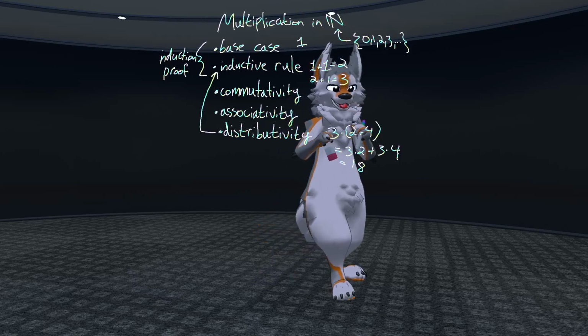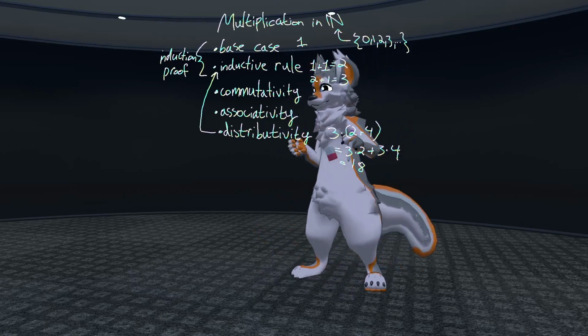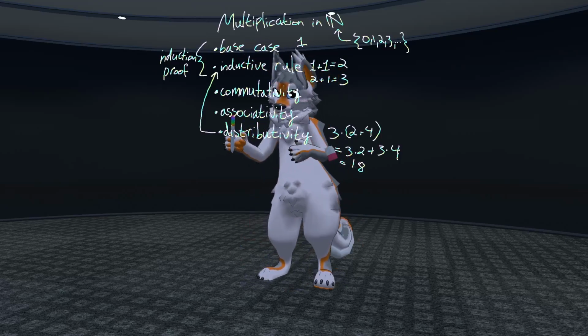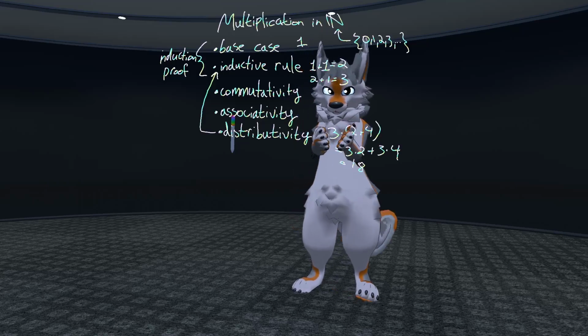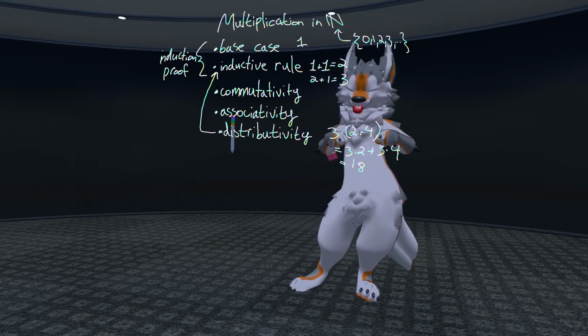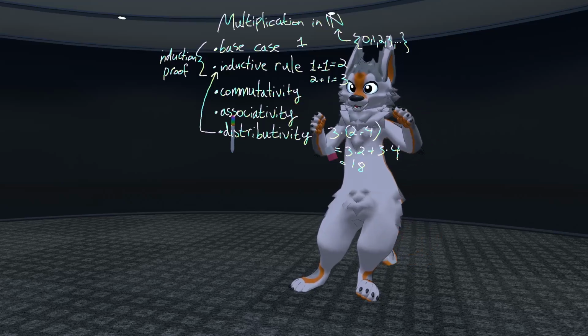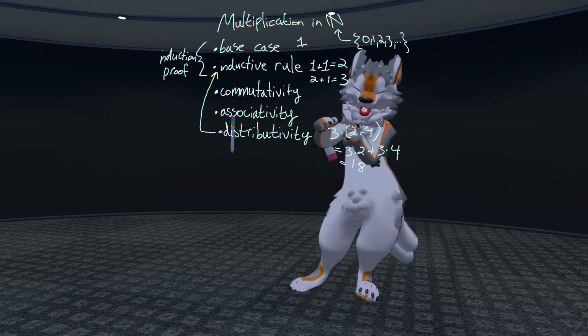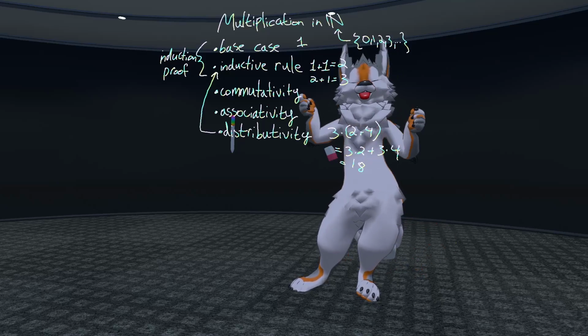So no matter which way you do it, you get the same result. So that's distributivity. Distributivity basically says that this 3 that modifies this expression in a way because it multiplies it by 3, we can distribute that to the 2 and the 4, separately, right?